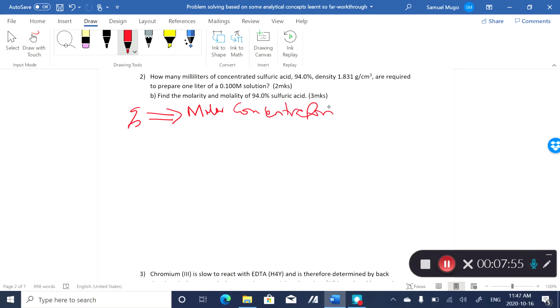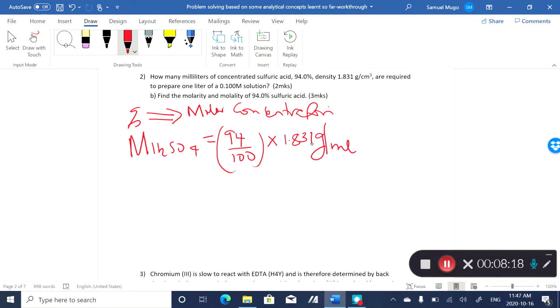And so the way you would do that is, the molar concentration of sulfuric acid is going to equal the percent, which is 94 divided by 100, and then you multiply that by the density, and the density is given as 1.831 grams per mil, and grams per cubic centimeter is exactly the same as grams per mil.